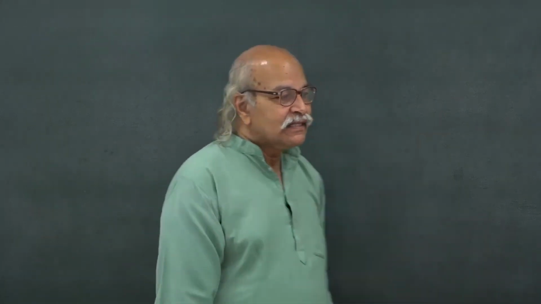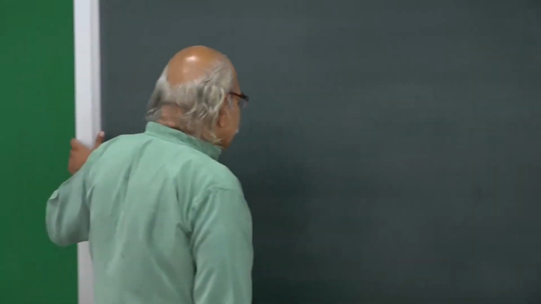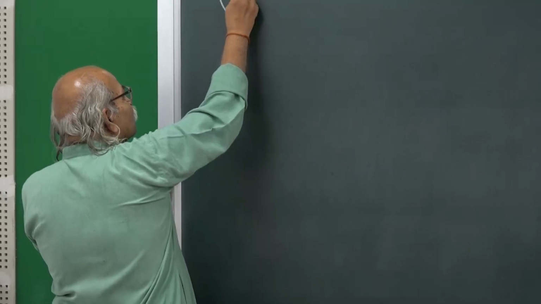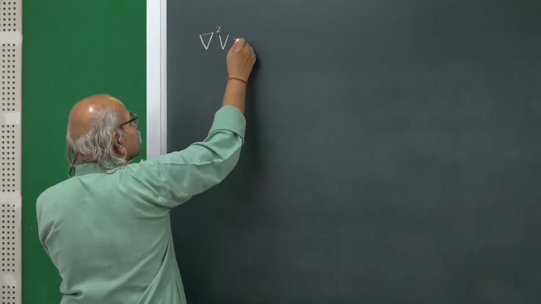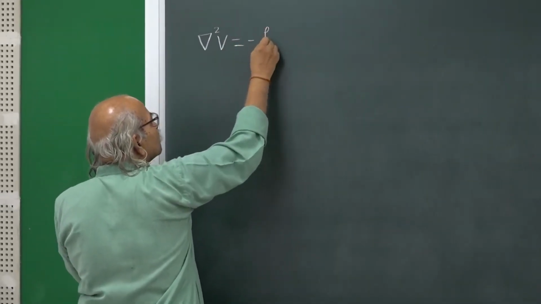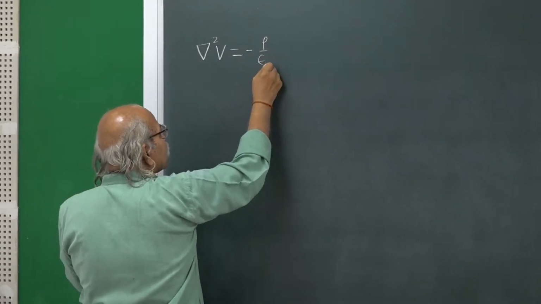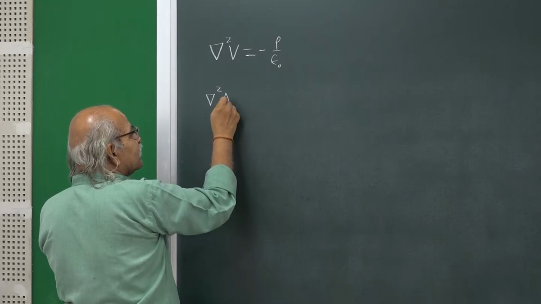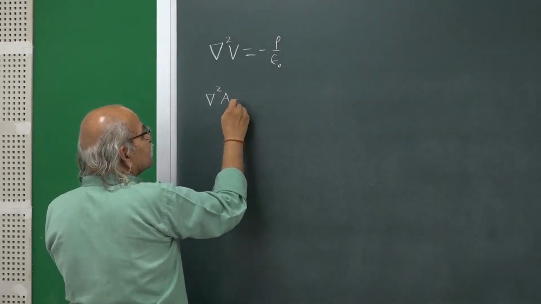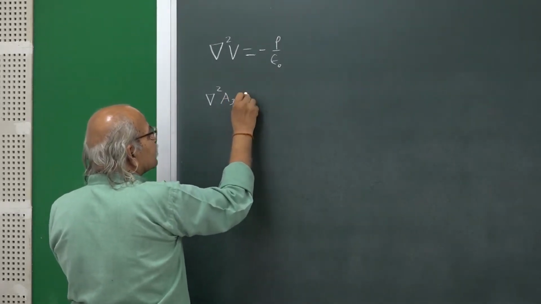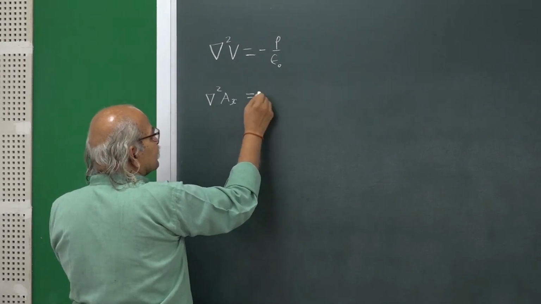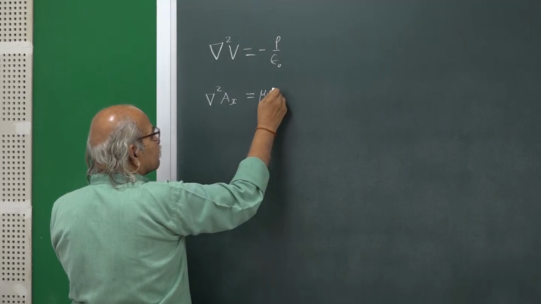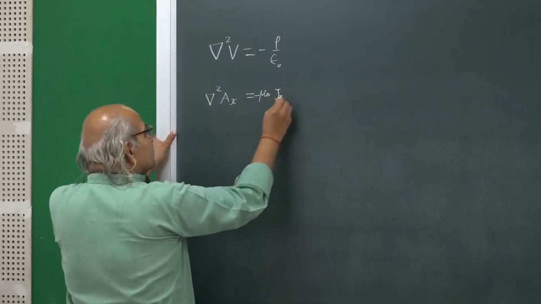To once again tell what it is, Laplace equation: del square of electric potential is minus rho over epsilon naught, and del square of Ax, Ay, Az are similarly, here it is mu naught times Jx.